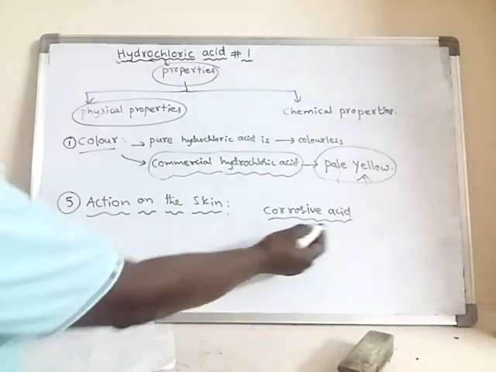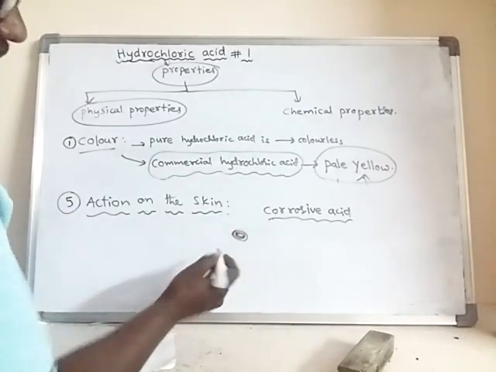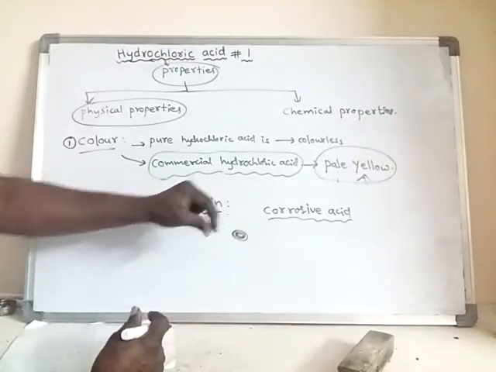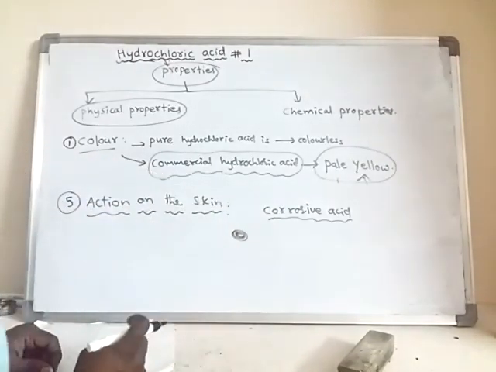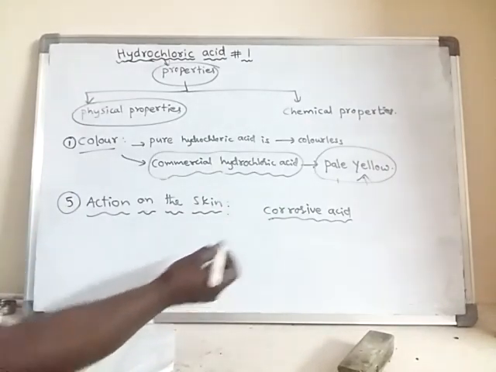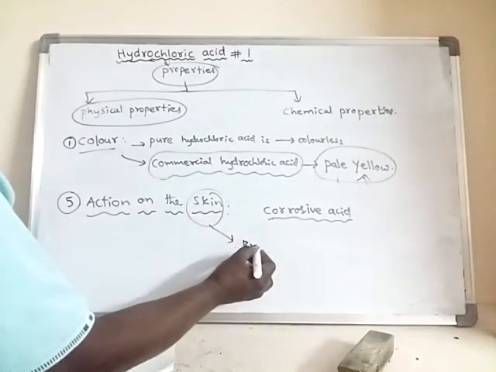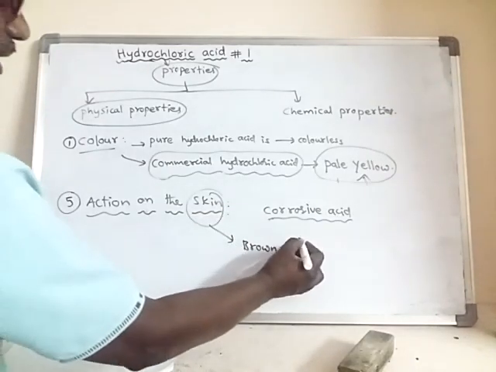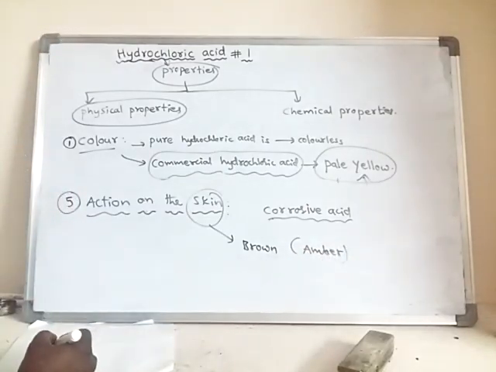That skin will form a mass, all the skin will come close, forming a mass-like structure. The color of the skin changes to brown or amber color.